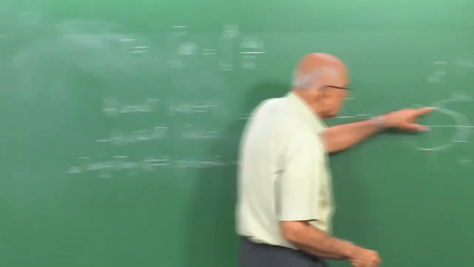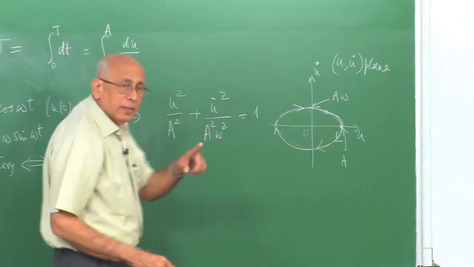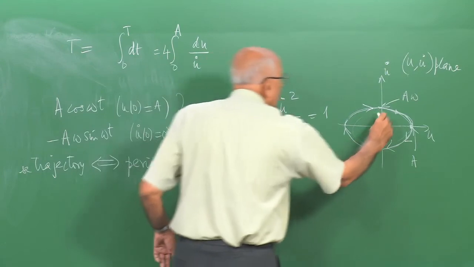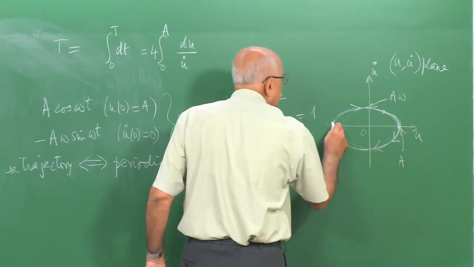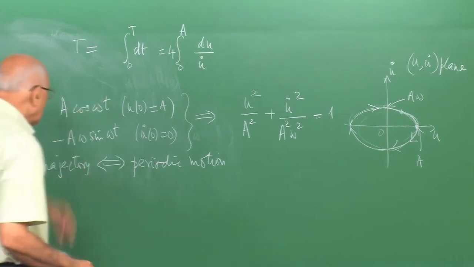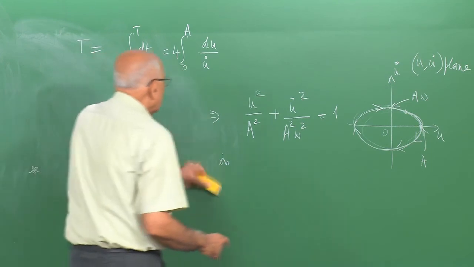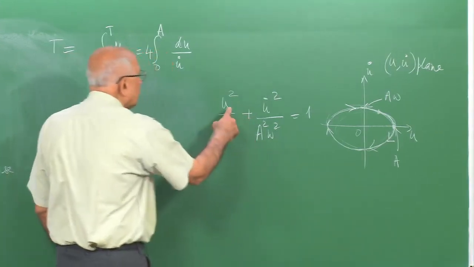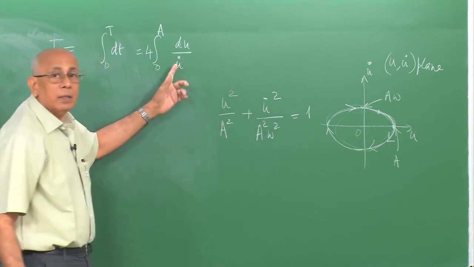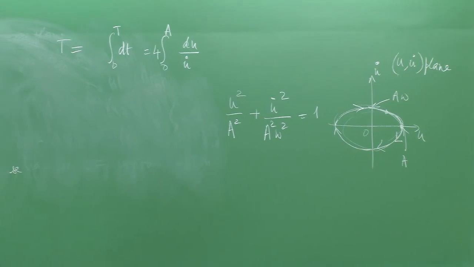So that corresponds to starting here and going all the way up here for u dot positive, and this is 4 times that because it is equal to this time plus this time plus this time plus this time. That is the full time period here, and for u dot all I have to do is to substitute from this expression whatever this is in terms of u and do the integral here, and in principle you have an expression for the time period for a given amplitude A.